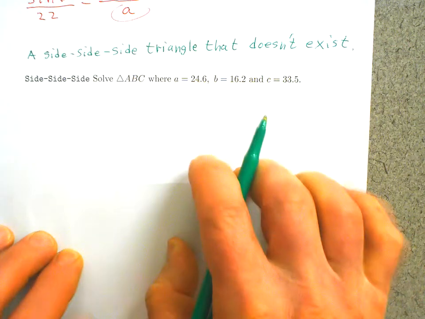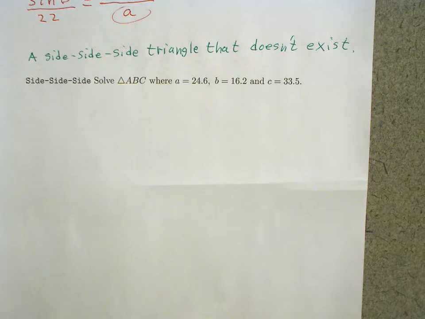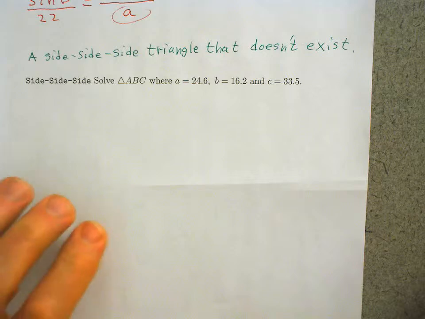Well, if you have three sides that are given, and if the sum of two of the sides is less than the third side, then that cannot exist.